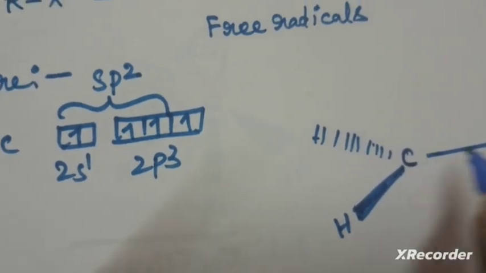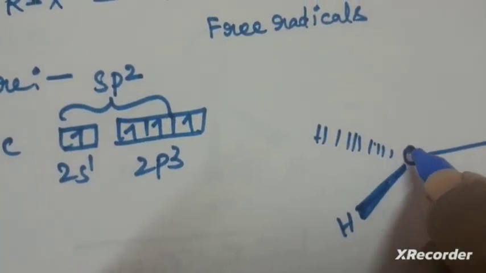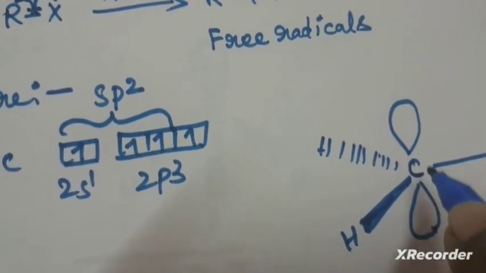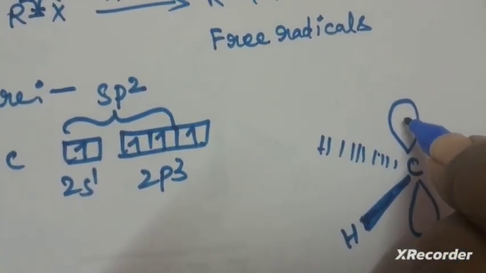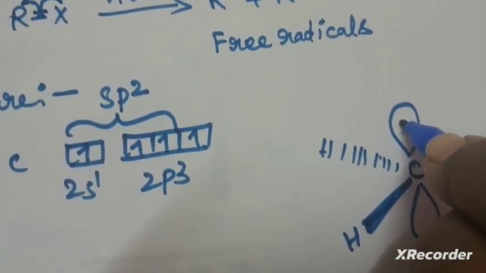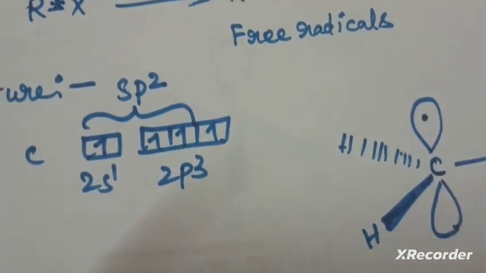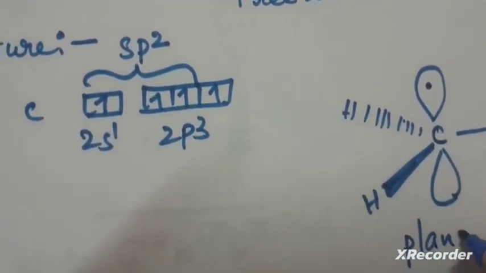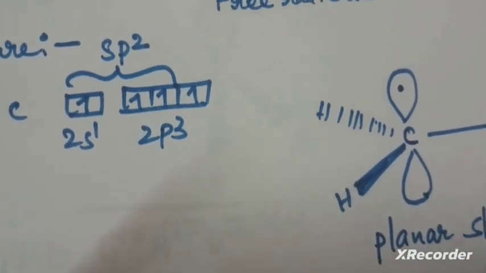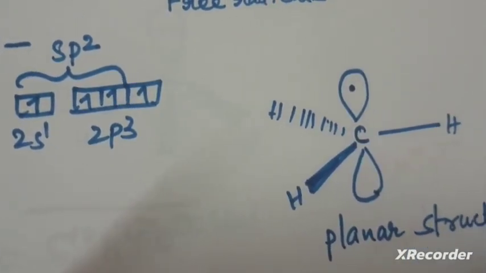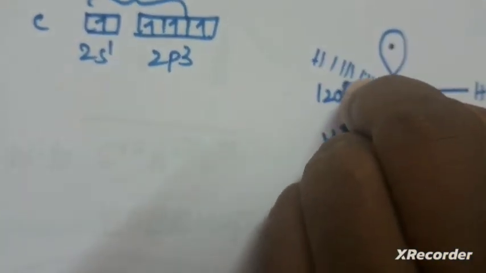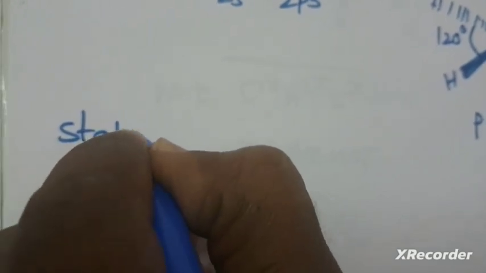So this is the structure of a free radical. In this, one unhybridized orbital will be there, which carries the odd electron. So this is a planar structure with a 120-degree bond angle.